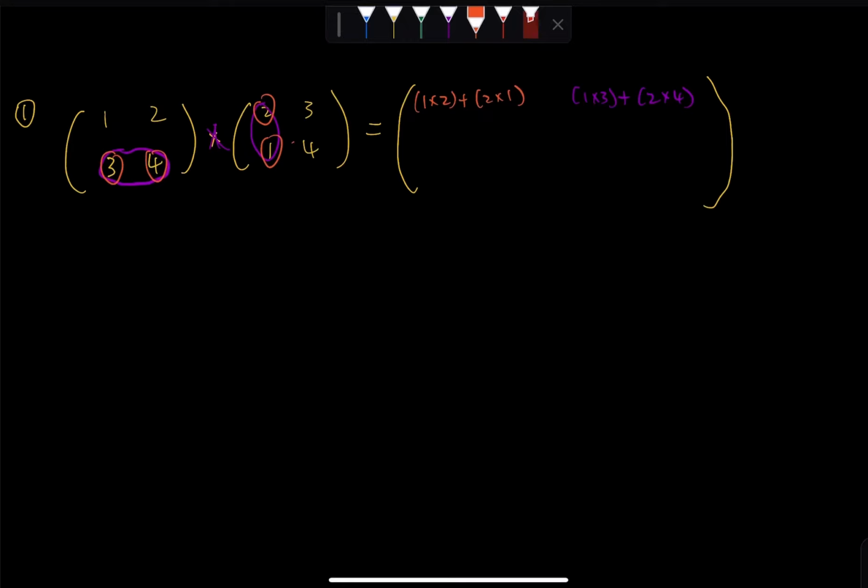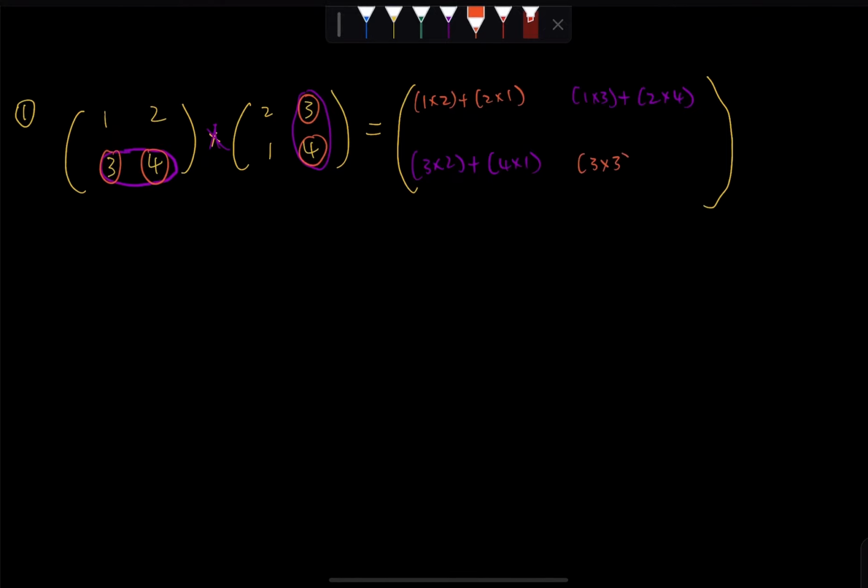And the last one that we need to look at is the second row and the second column. So you say 3 times 3 plus 4 times 4.